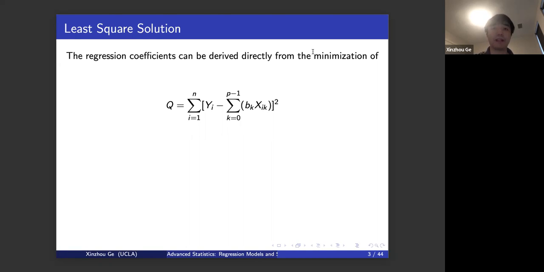And this time, there is a difference between the previous simple linear regression and this multiple linear regression in terms of these squares, because here, the difference between the true observation and the estimated expectation will be the difference between yi and the sum of beta k times xik, where k is from 0 to p minus 1.